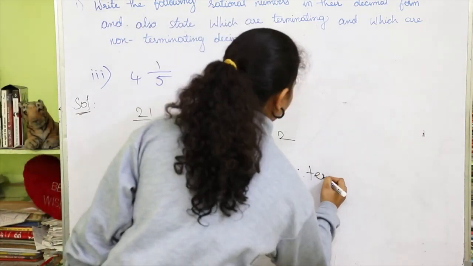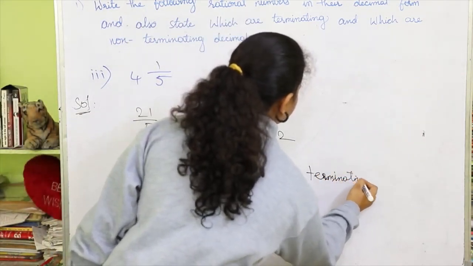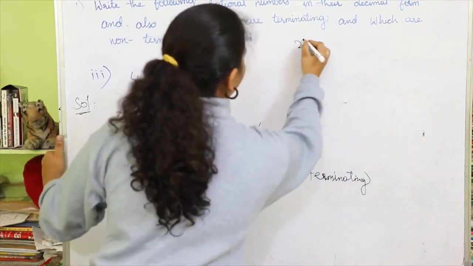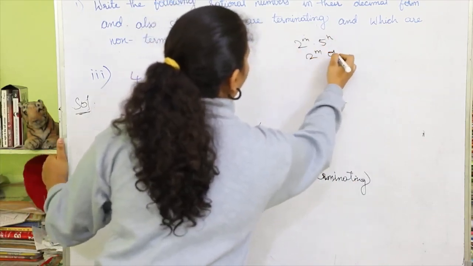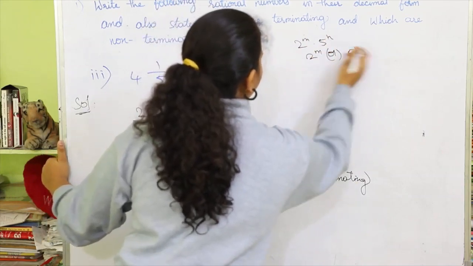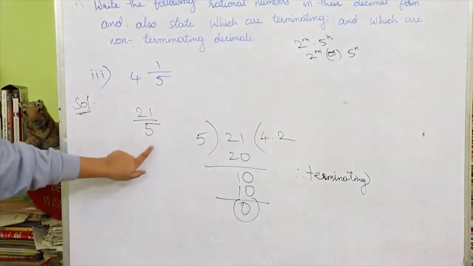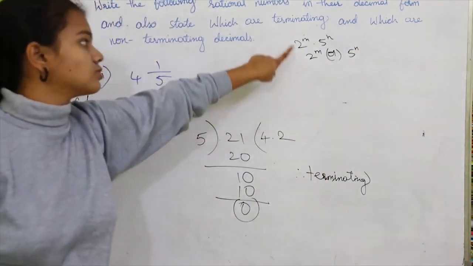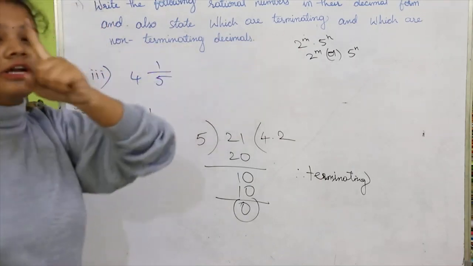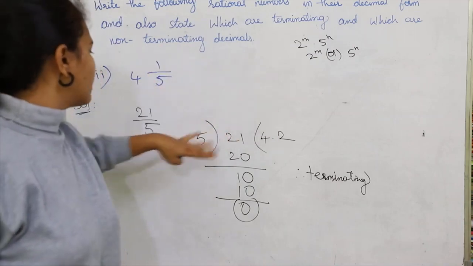How can I say terminating decimal? To prove this, what do I do? As I said, a terminating decimal should be in the form of 2 power m into 5 power n, or 2 power m or 5 power n, right? Only the denominator should take this value. Remember, this is only with the denominator, not the numerator.